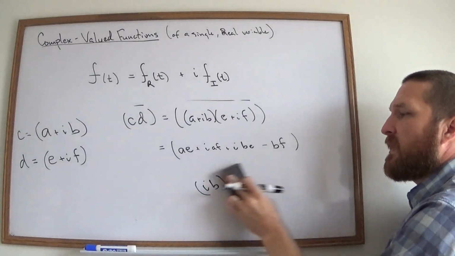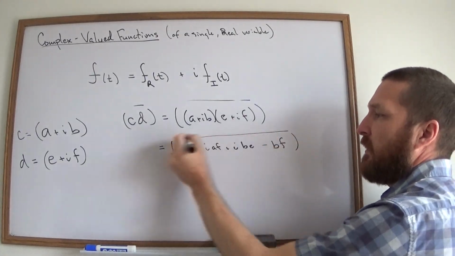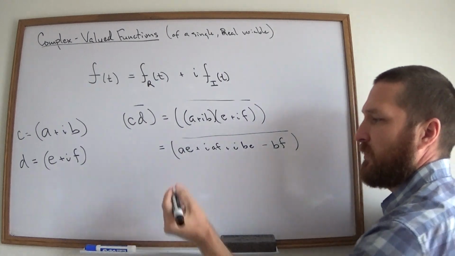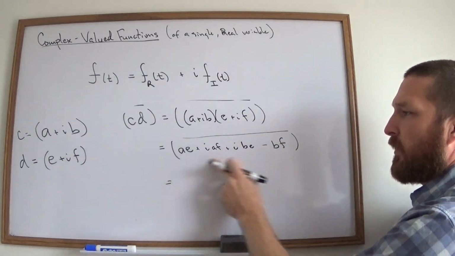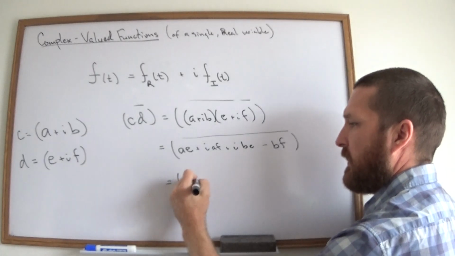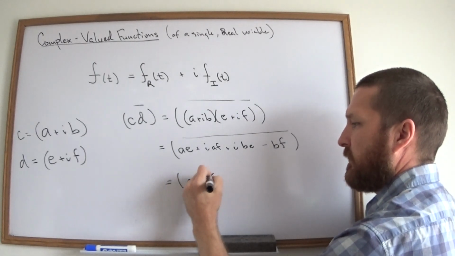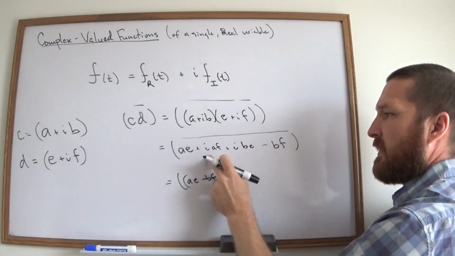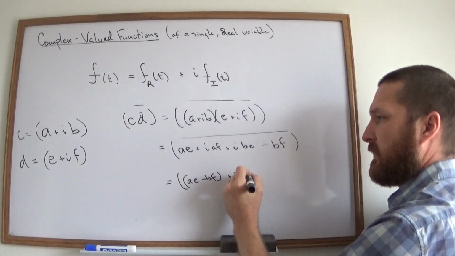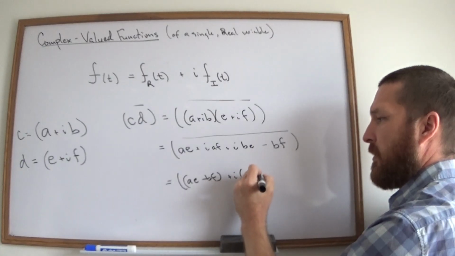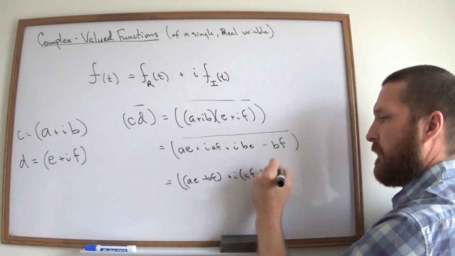Now I'm just going to rearrange that. And so let's get the real parts together. We have ae minus bf. The i can be pulled out of that, leaving me with an af plus be.